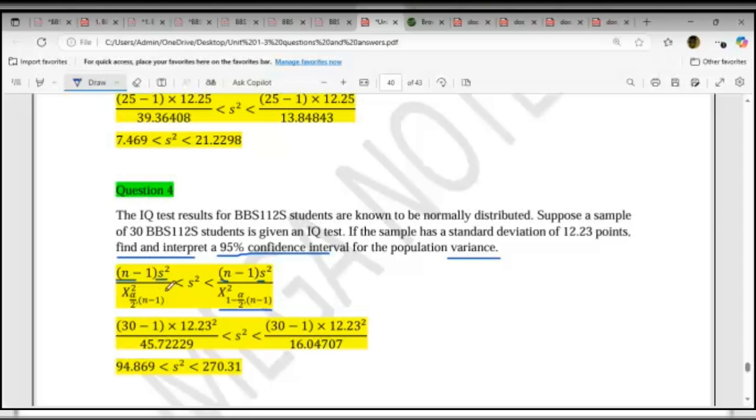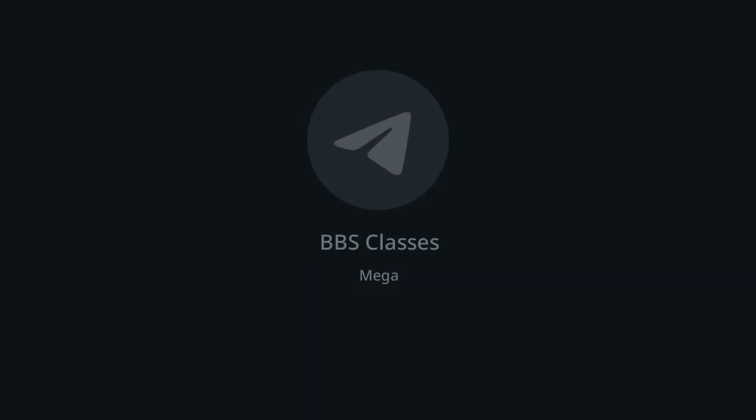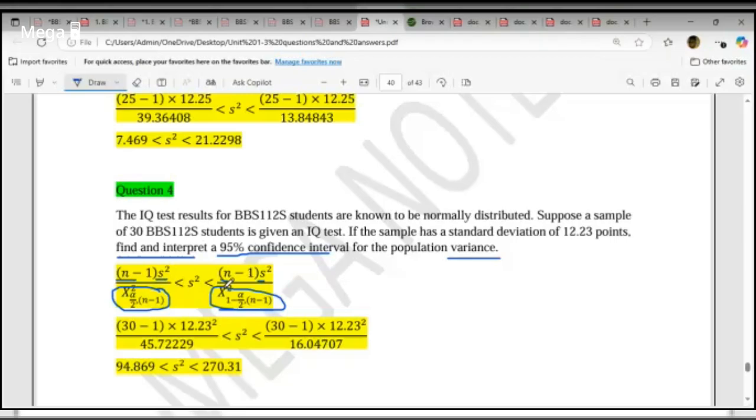Keep in mind that this value and this value here you are going to get from the chi-square table. Some people ask, am I going to multiply this by whatever? No, you are not. You are going to get 2 values, and those 2 values are what you use to get that value from the table.